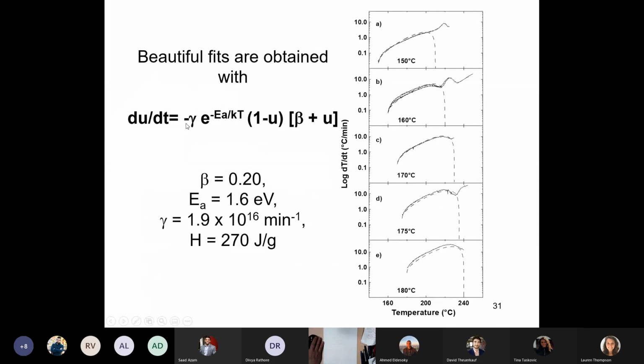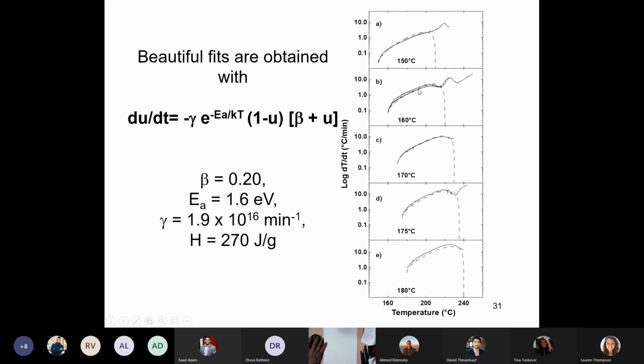So we use this expression for the accelerating rate calorimeter, for the reaction kinetics with these parameters. And we fit the accelerating rate calorimeter data starting at 150, starting at 160, starting at 170, starting at 175, and starting at 180.